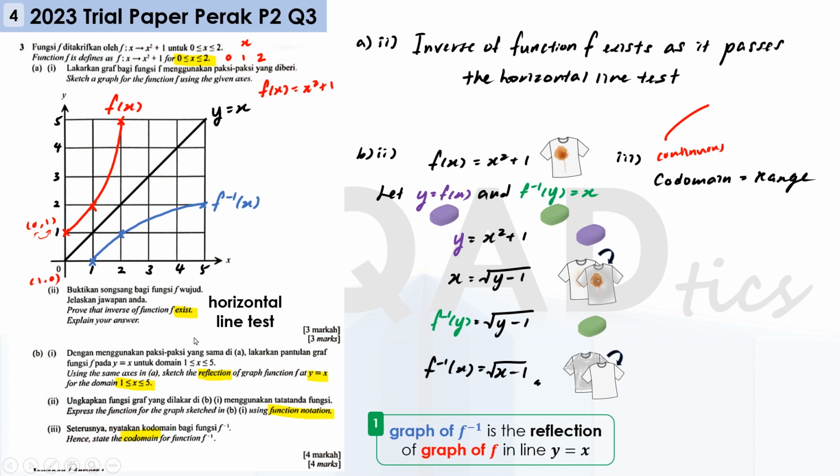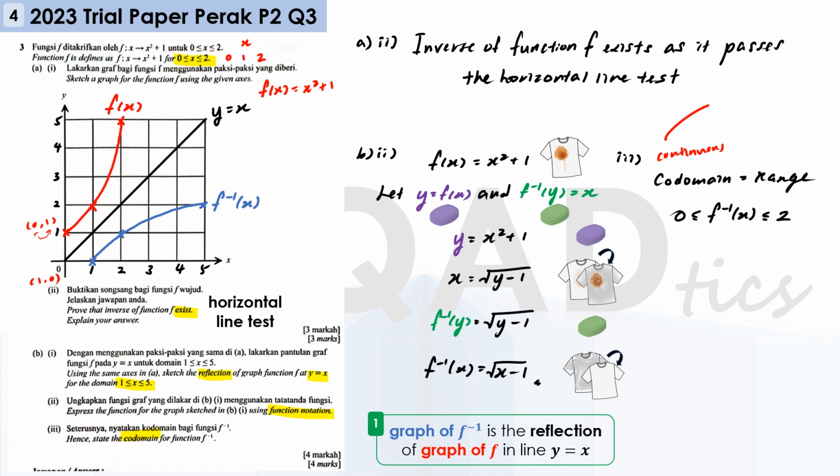So if you look at the graph here, this one is the range, right? So we need to look at the y-axis and find the minimum value of y and the maximum value of y. So the minimum will be 0, because it touches this line, and the maximum is 2. So this means f inverse would be between 0 to 2.